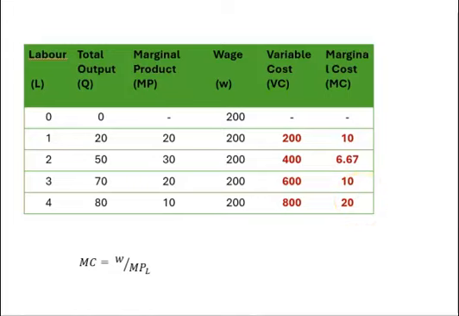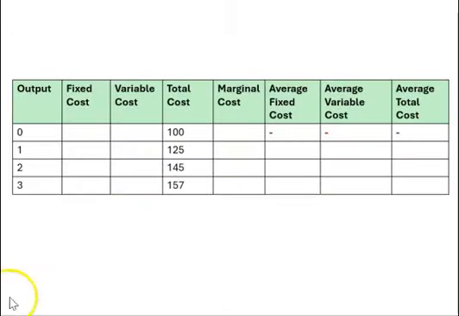Let us look at the last exercise. Given this table here, we are given output and total cost, and we need to fill in the blanks. So starting with fixed cost, we can see that when output is 0, total cost is 100. But we also know that the equation for total cost equals fixed cost plus variable cost.